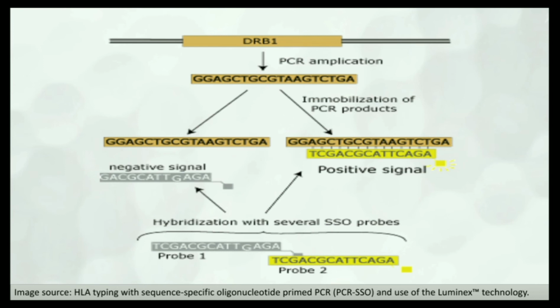For example, DRB1 has a PCR amplification with a specific sequence, then immobilization of PCR products and hybridization of several SSO probes. Probe 1 and probe 2 here: as we see, probe 2 gives a positive signal because it binds to its corresponding sequence on the PCR product.